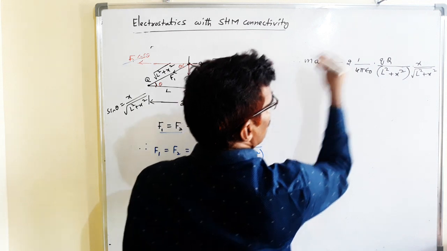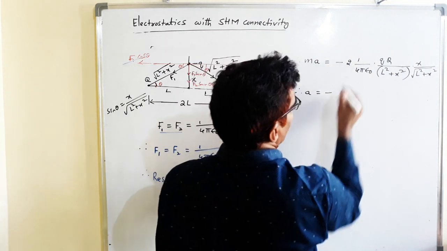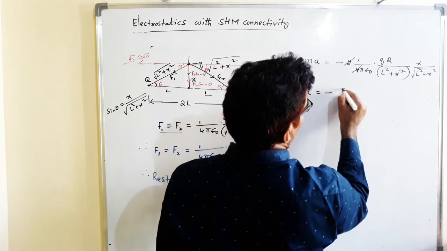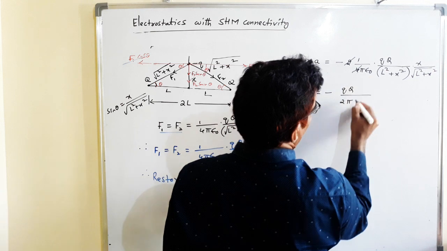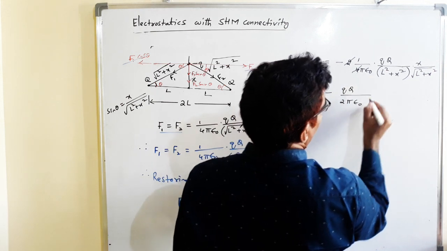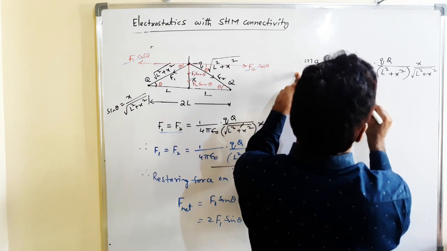Here m, take that side. Therefore a is equal to minus QQ by 2 pi epsilon naught. Here 2 is there. Epsilon naught into here m, this is also m.